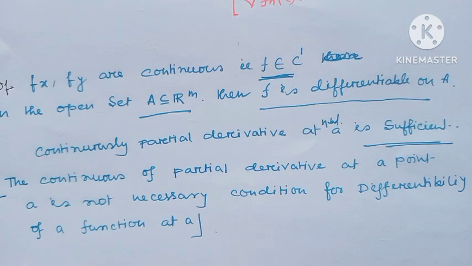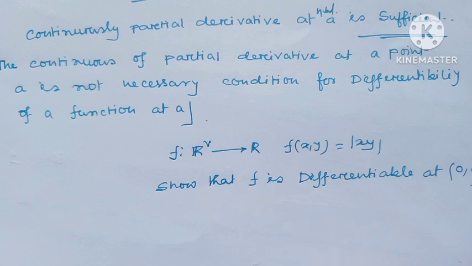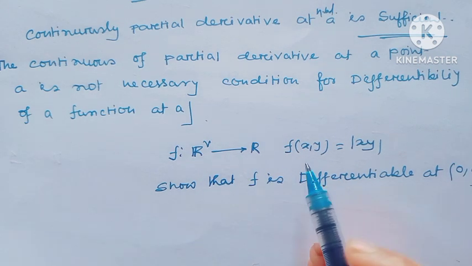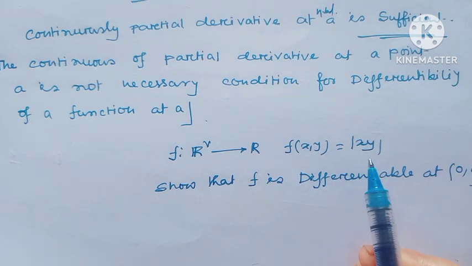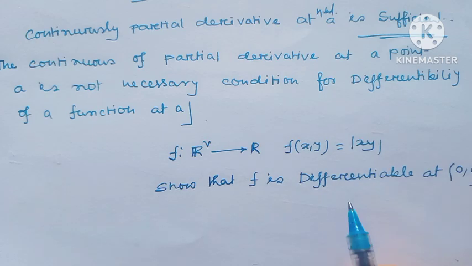Let's see one example. Let f be defined from R2 to R such that f of (x, y) equals modulus of xy. Show that f is differentiable at the point (0, 0).